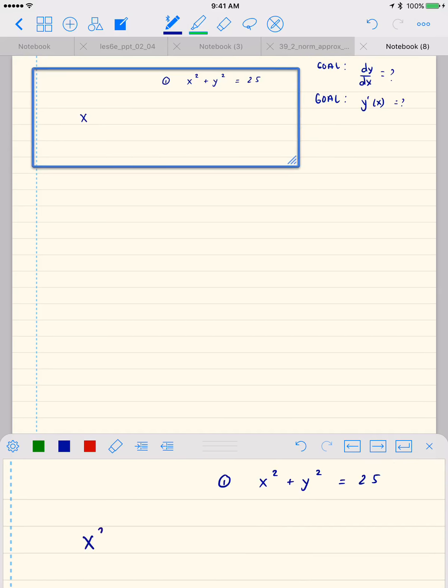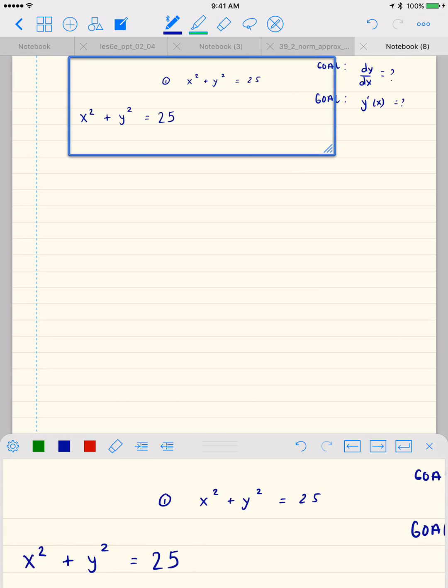So if I know that x squared plus y squared is equal to 25, and by the way, what is this a graph of? What does this curve describe? This curve is a circle centered at the origin with radius 5. Okay, that's not a good circle. So it is a circle. There we go.